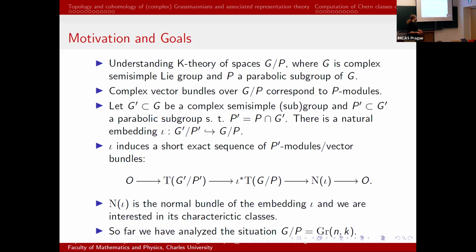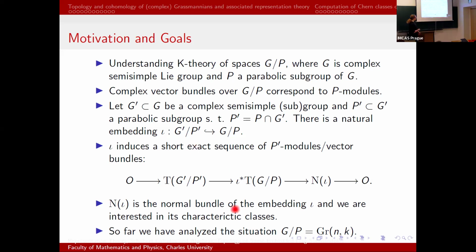In this situation, we have a natural embedding iota, which embeds the homogeneous space G'/P' inside G/P. The embedding iota then induces a short exact sequence of vector bundles, or equivalently P' representations.